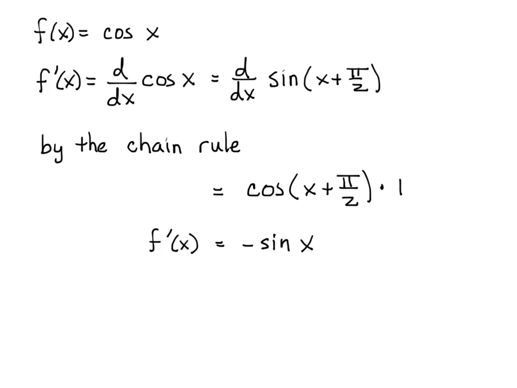The third derivative is the derivative of negative sine of x, which is negative cosine of x. The fourth derivative is the derivative of negative cosine x, which is now going to be the sine of x. And so we keep on going through this cycle where we have infinitely many derivatives of the sine of x, and it goes through this cycle of sine, cosine, negative sine, negative cosine, and so on. So this is kind of a handy thing to know.